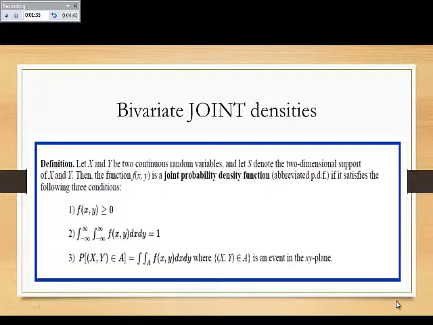One thing important to note is that this function f can be greater than 1, even though the integral has to be less than 1, because the integral is obtained by integrating over a region.